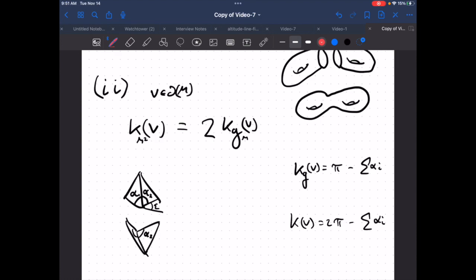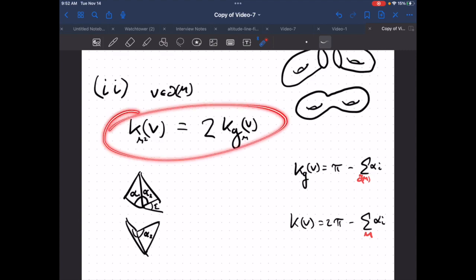This is alpha i on the boundary of M, and this is on the interior of M, and we're going to have twice as many. So hopefully this formula is clear, I just wanted to remind you of the formula, but I understand I'm using alpha i in a sort of abusive way. Okay, but this is the observation we need.